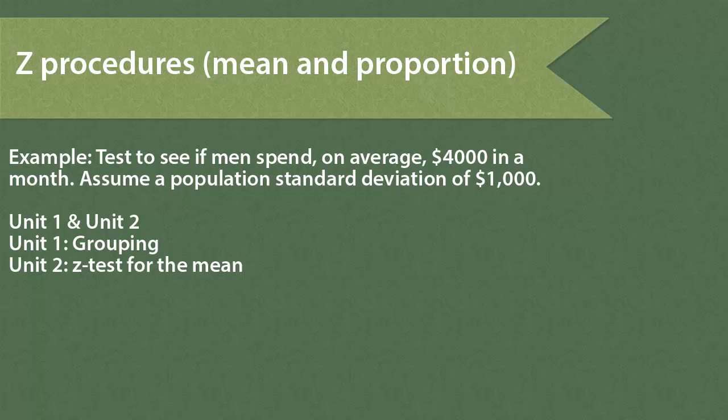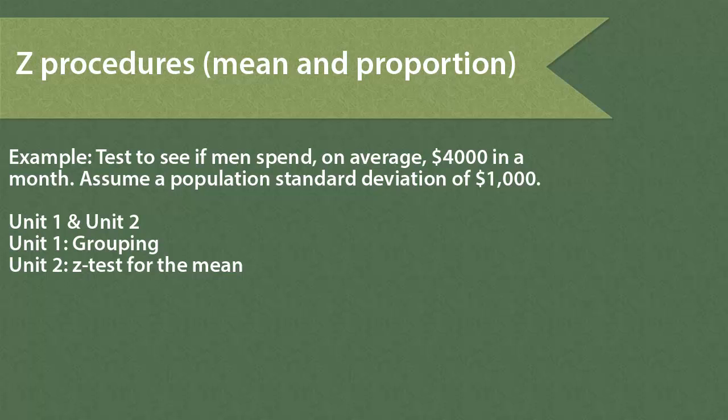So we're testing the assumed population mean of 4,000, but we're doing that just for the men. So the first thing we need to do is use our grouping tool on Unit 1 to obtain the sample information on spending just for the men. Here we're going to assume a population standard deviation of $1,000.